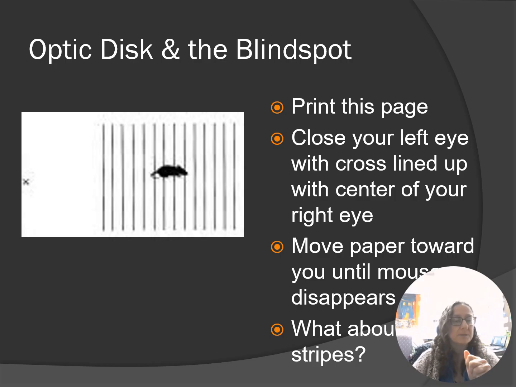And what do you think happens to the stripes? After we've done this in class, people are usually pretty good at guessing. I do this with a blank piece of paper and just an X, and your brain fills in with the piece of paper. Your brain is going to fill in those stripes.